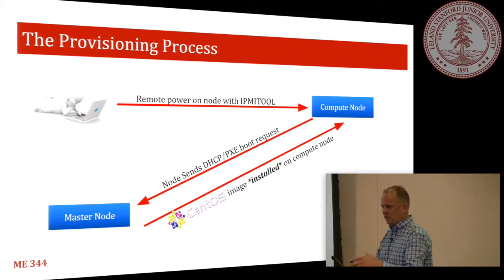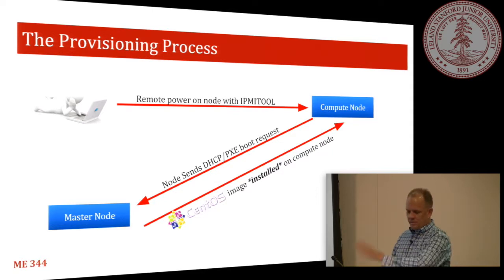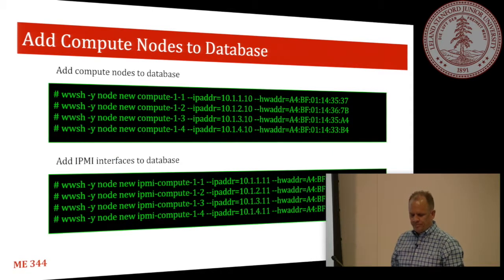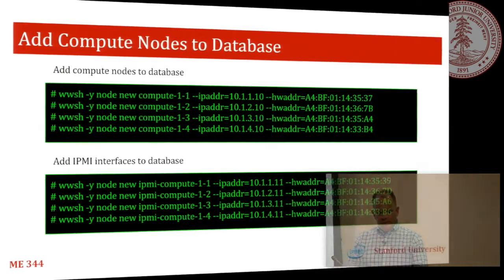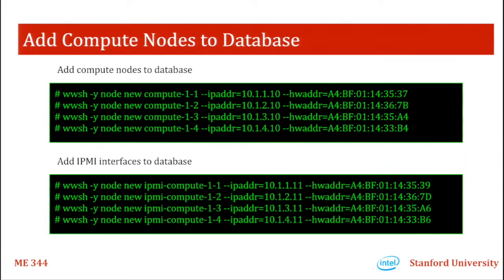The master node is where you'll do most of the work. These ones, you just start them up and they automatically install everything. And the way they know to do that is because you've inserted them into a database. By inserting them here, you've just said Warewulf shell command, WWSH, add new compute node, here's the IP address, and here's the hardware address, or the Ethernet address, or MAC address, if you've heard any of those terms before.